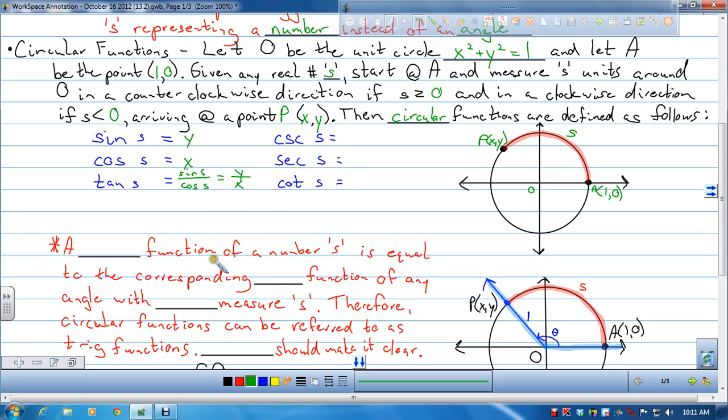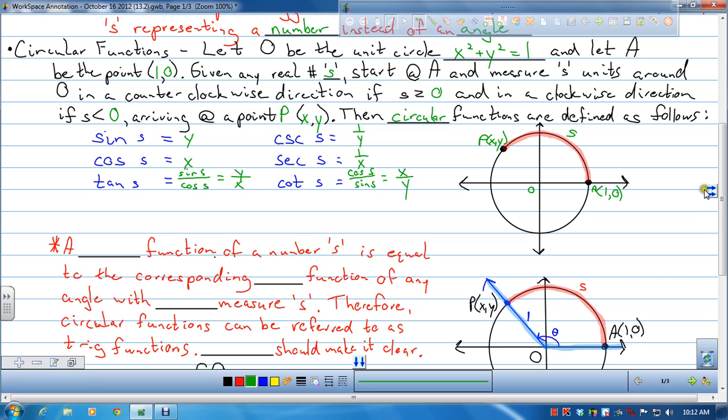And now our reciprocal functions, of course. If sine of s is y, then cosecant would be 1 over y, and secant would be 1 over x, and cotangent would be the cosine of s over the sine of s, which is x over y.